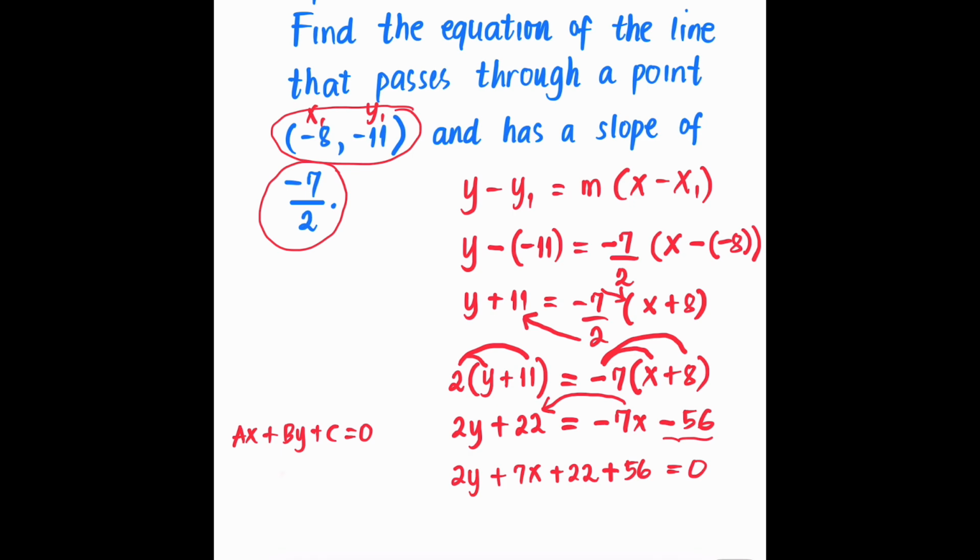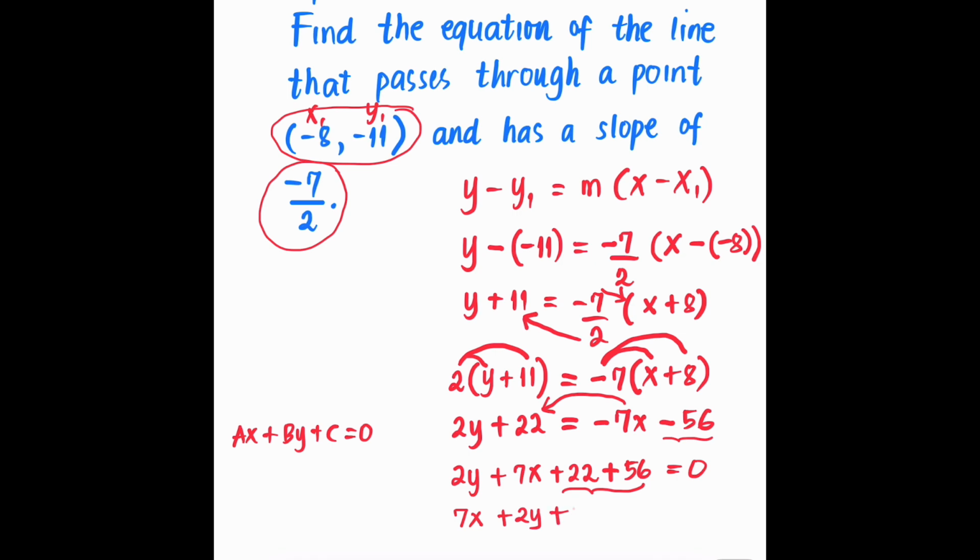And from here, we can just rearrange. So you can write 7x plus 2y, both of them are positive. And these two terms right here, constant terms, we can combine like terms. Both of them are constant terms. So adding 22 and 56 is going to give us 78.